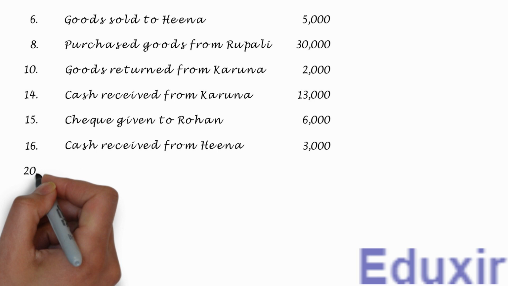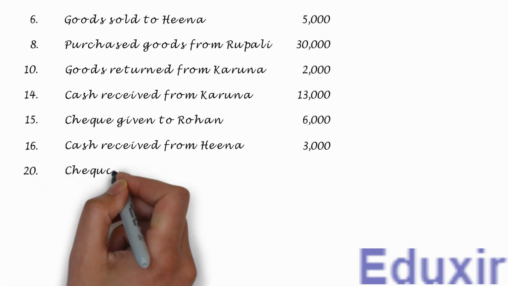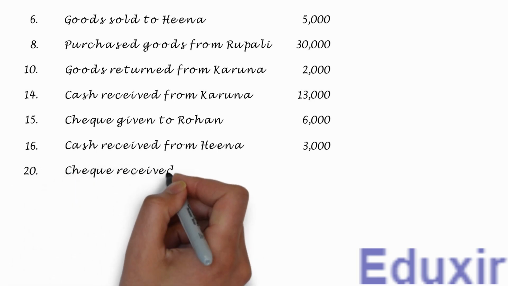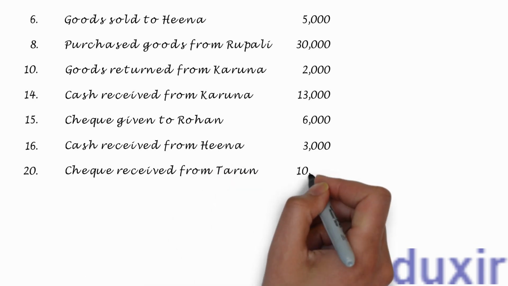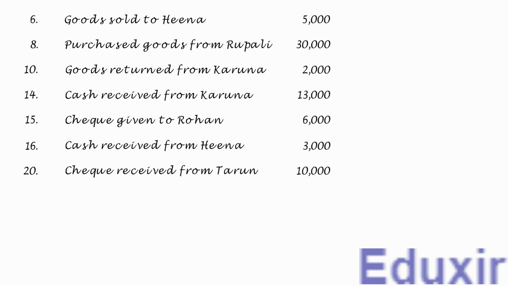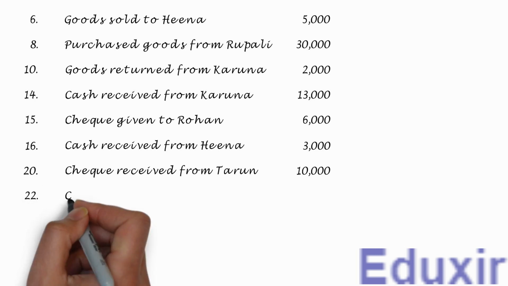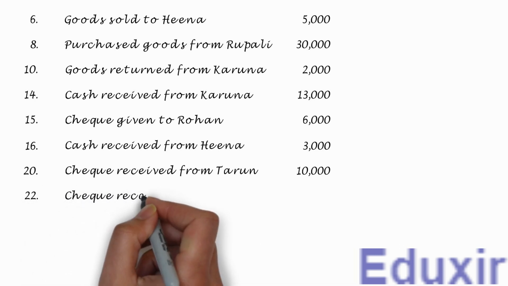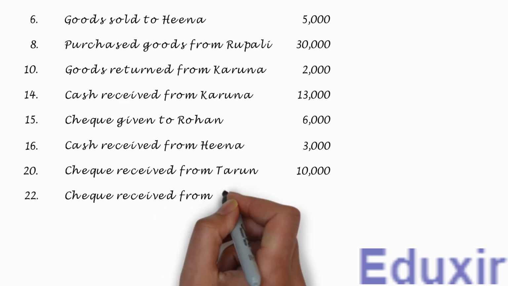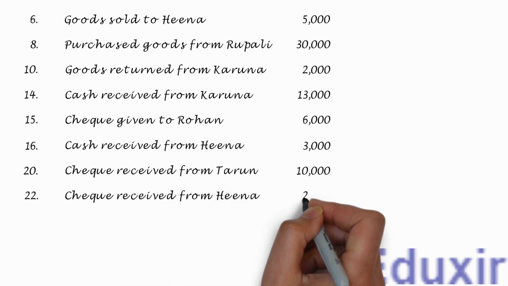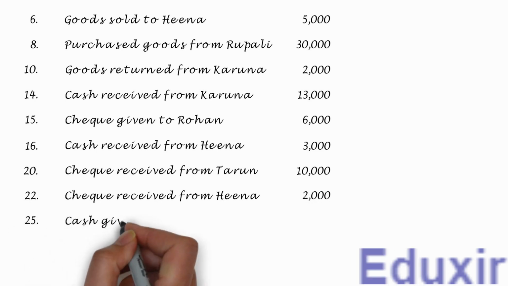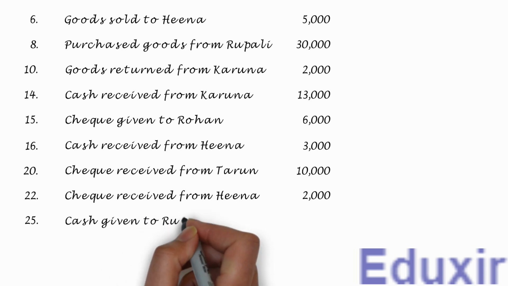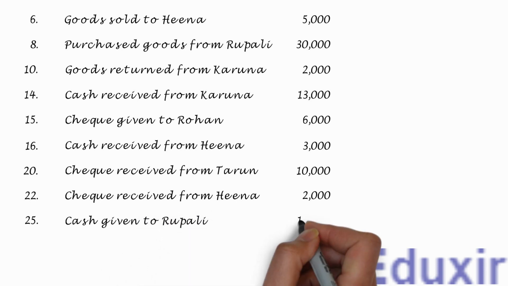On 20th January, check received from Tarun 10,000 rupees. On 22nd January, check received from Hina 2,000 rupees. On 25th January, cash given to Rupali 18,000 rupees.